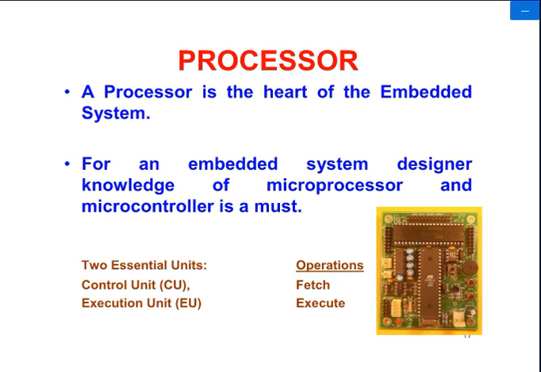So processor is the main component of embedded system. In our previous class, we discussed the different operation bits of the processor, that is 8-bit processor, 16-bit processor, 32-bit processor and 64-bit processor, like that.